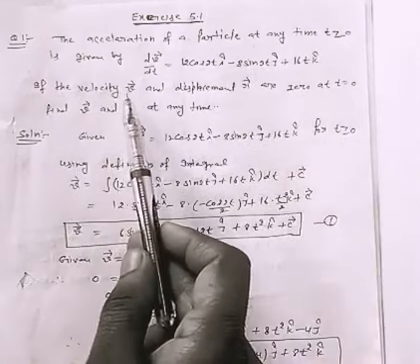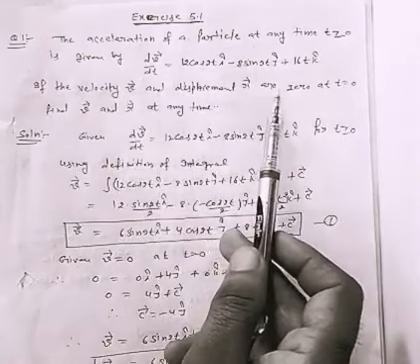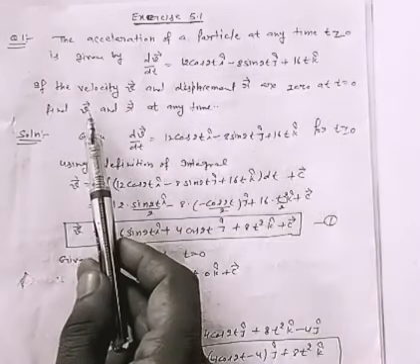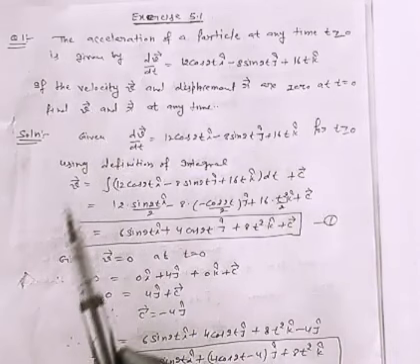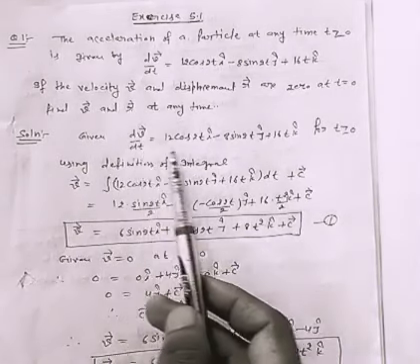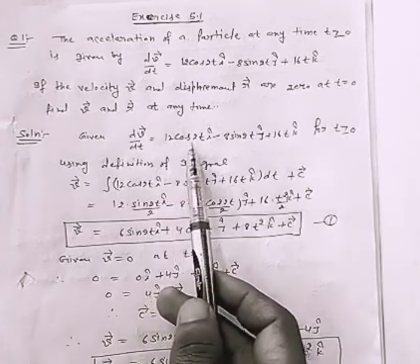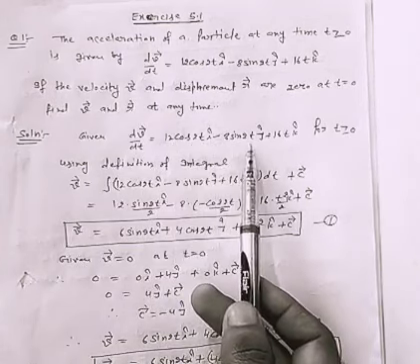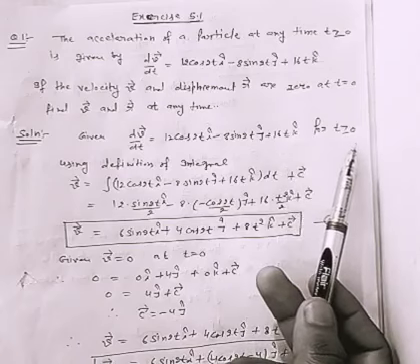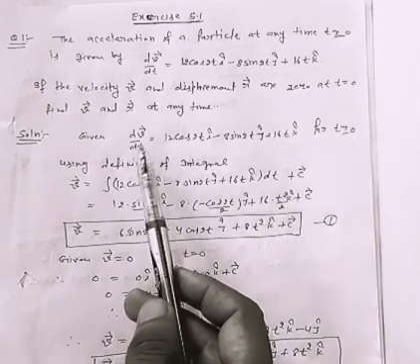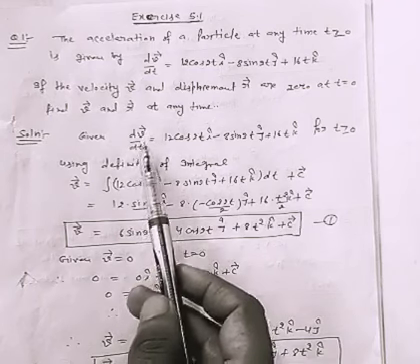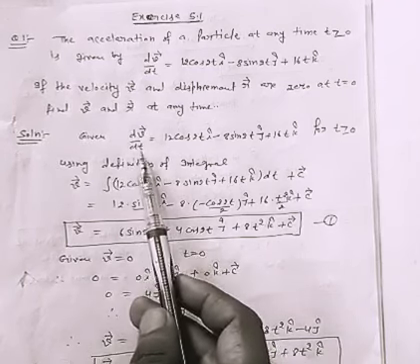If the velocity v and displacement r are 0 at t is equal to 0, find the value of v and r. Solution: here given dv by dt is equal to 12 cos 2t i minus 8 sin 2t j plus 16t k cap for t greater than or equal to 0. Here dv by dt, the rate of change of velocity with respect to time, is called the acceleration.